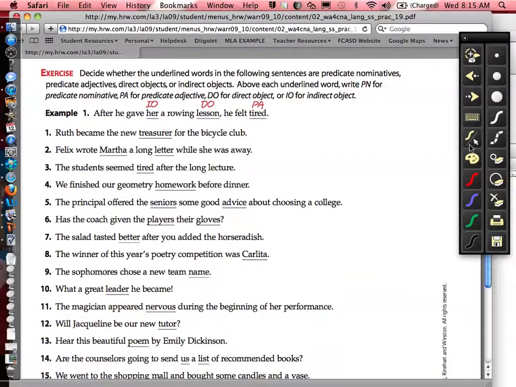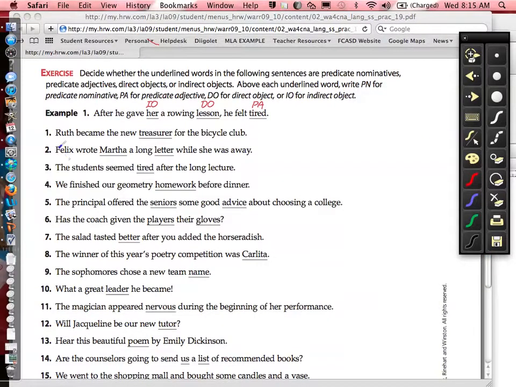Number 1. I'm going to switch to my little pen. Ruth became the new treasurer for the bicycle club. So what's the subject of that sentence? The subject is Ruth. What's the verb? The verb is became. Is it an action verb or a linking verb? It is a linking verb.